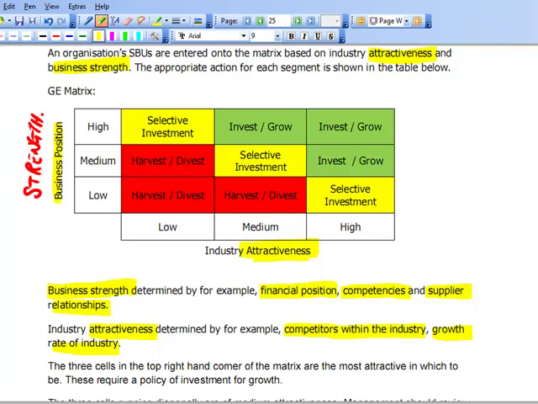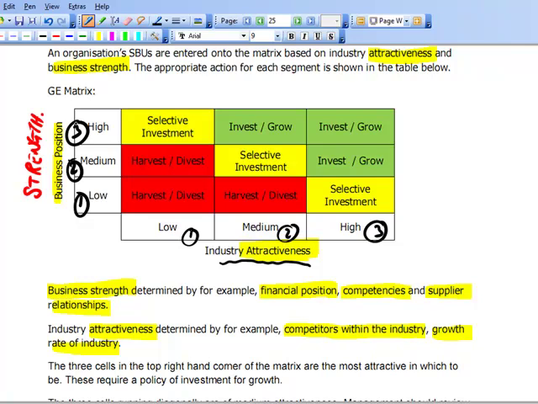What we're looking at here is how attractive the industry is, and it grades it as low, medium and high. And how strong are we? What's the business position? What's the business strength? Again, from low, medium and high.